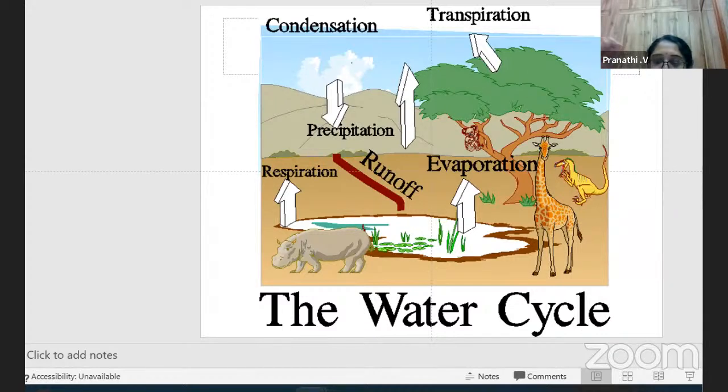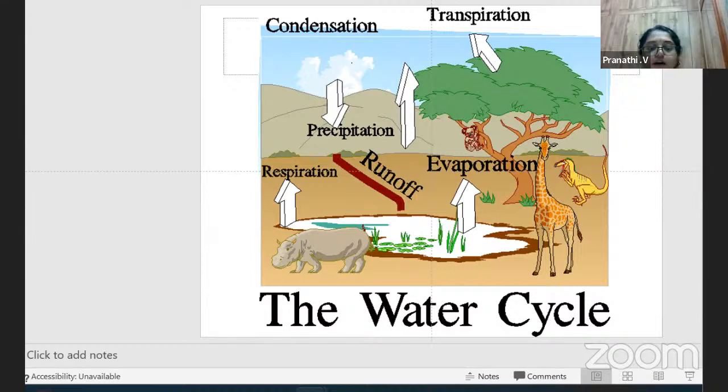And at the same time, how the water cycle is powered, that is, it is helped by solar energy, and this helps in the greenhouse effect as well, and at the same time helps in regulation of the climate. So this is about the water cycle.